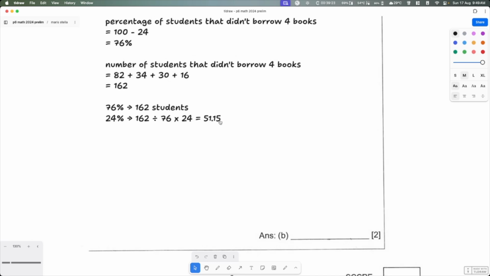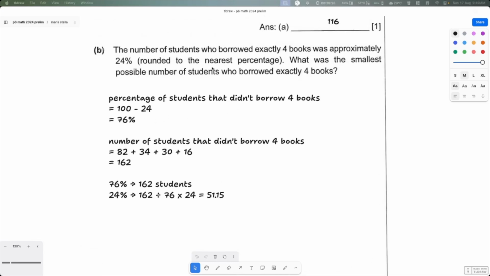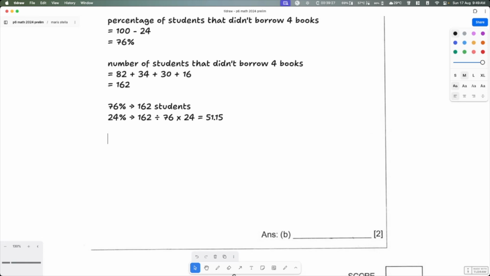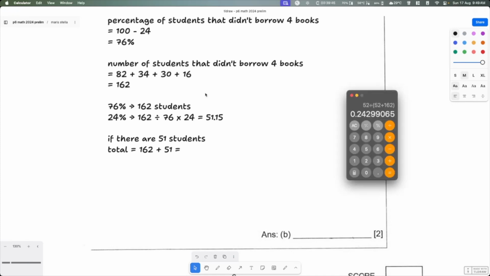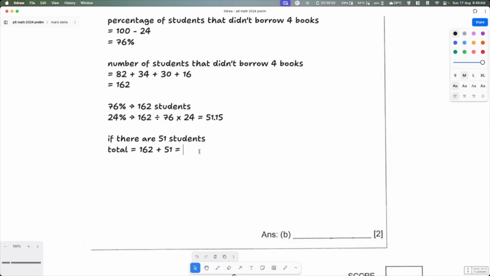Okay, so we want to check what's the smallest possible number. For this, if there are 51 students, then the total will be 162 plus 51, which is equal to 213.